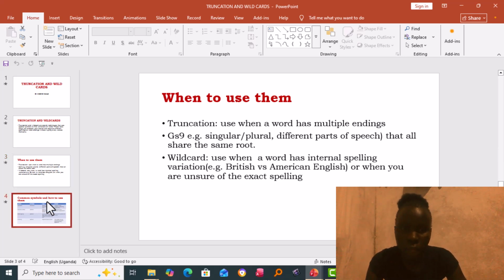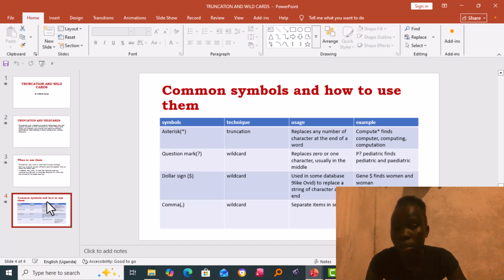Let us look at some of the common symbols and how you can use them in your research and search skills. We have the symbols, the techniques, the usage, and the examples. I pray you understand this, because it will help you a lot, even tomorrow. First we have the asterisk, the star, which is a truncation.